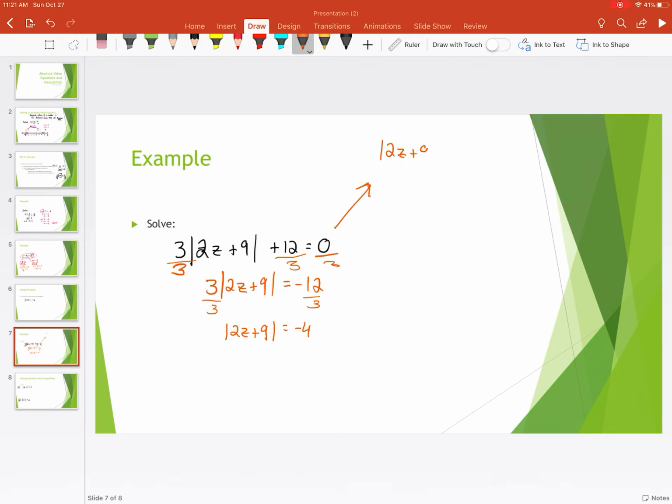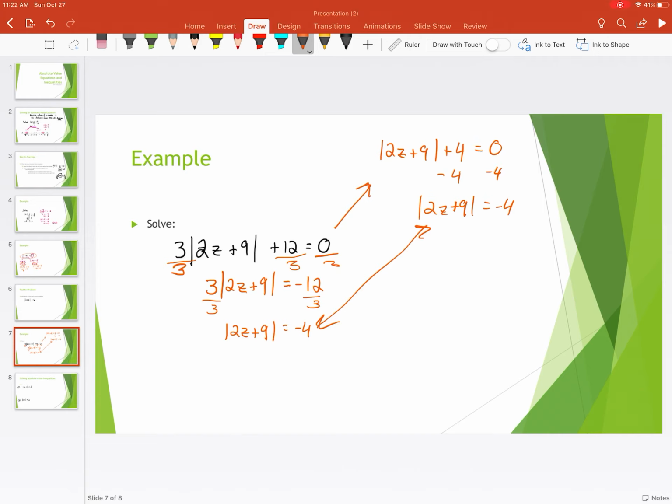We'd get to the same place, because we would end up with absolute value of 2z plus 9 plus 4 still equal to 0, and then we would subtract 4 from both sides and end up with absolute value of 2z plus 9 equals negative 4, and that's exactly what we have here, right?